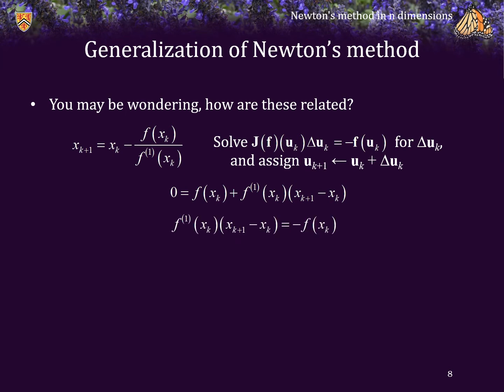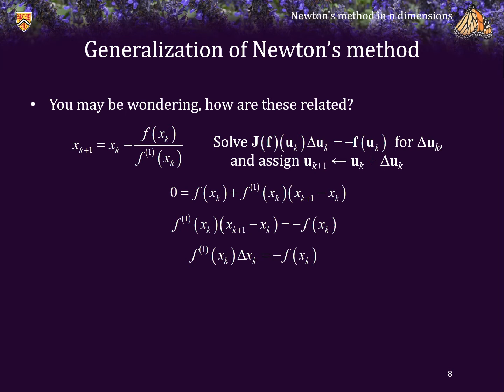Well, that requires us to bring f of x sub k to the other side. So we now have a derivative times a difference equaling the negation of the function evaluated at x sub k. Well, if we let that difference be delta x sub k, then we're essentially solving this.